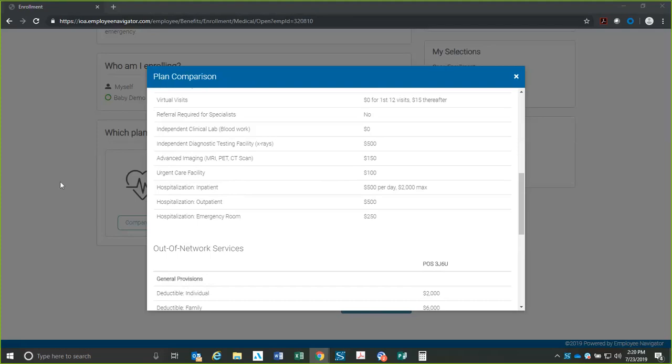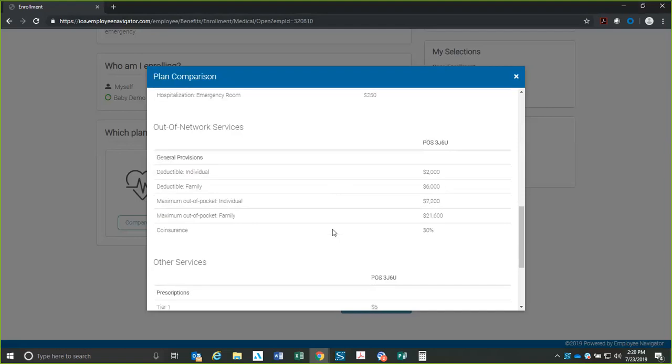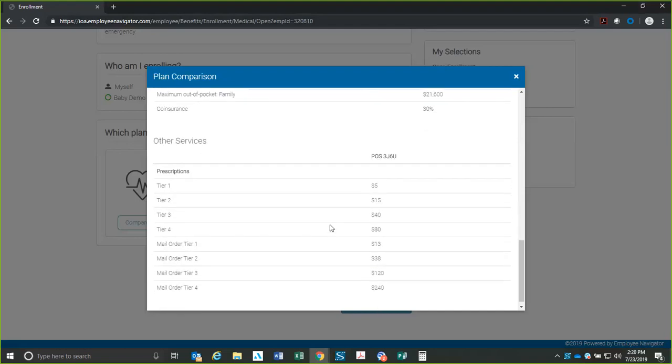All right, so down here at the bottom, underneath out-of-network services, we also have our tiered prescription copays. You have 4 tiers, which means you've got the generics and preferred and non-preferred and all of these brand names covered. It just depends on how expensive they are under the formulary as to what tier they fall into.